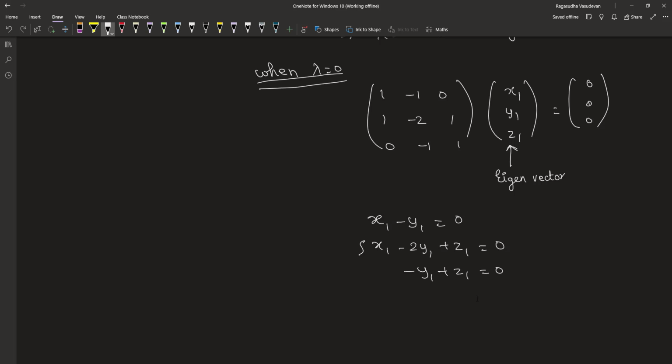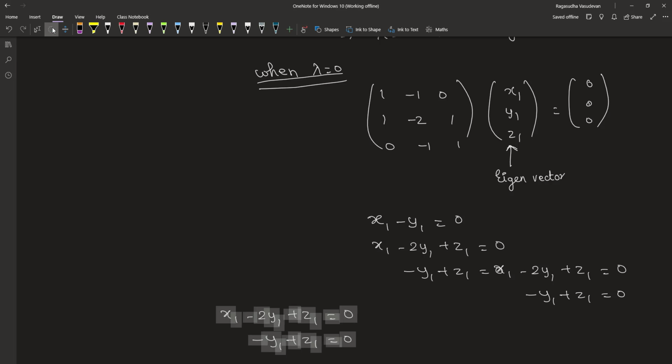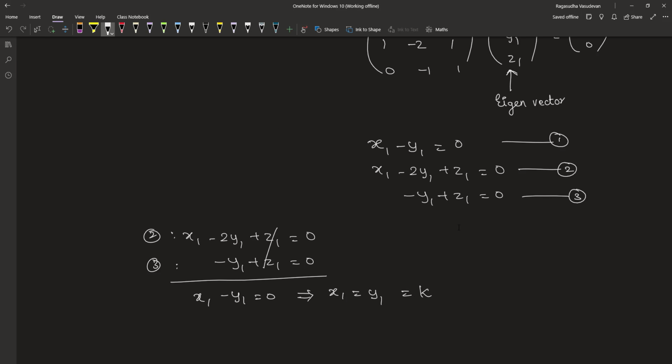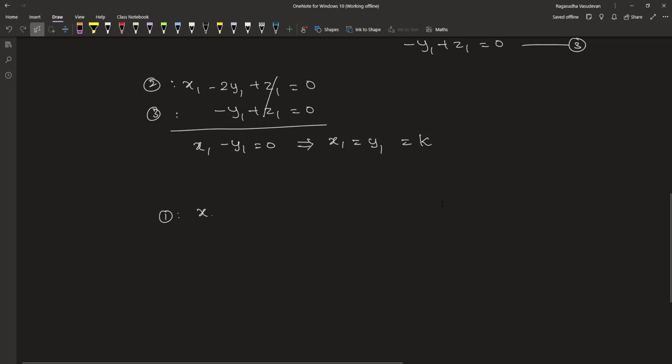Let us solve these. We have a common term of z1 here, so let us cancel them out. When we solve equations 2 and 3, we get x1 minus y1 is equal to 0. So, this implies that x1 is equal to y1. Let this be k. Now, let us take the first and the third equation, which says x1 minus y1 is equal to 0, and then minus y1 plus z1 is equal to 0.